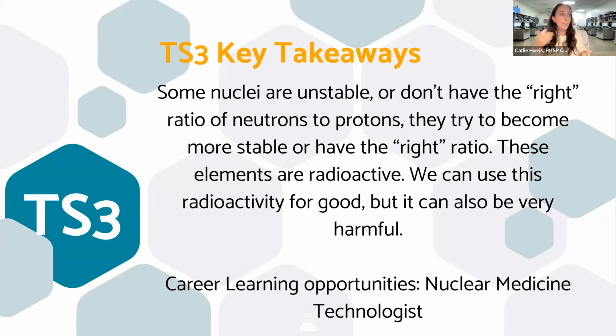And so these atoms try to become more stable or have the right ratio. And we see that they have some changes, right? And we call those ones radioactive. And this radioactivity could be used for good, but it can also be harmful to us, right? And then, of course, if you touch upon those career learning, students can learn more about being a nuclear medicine tech, which is awesome.